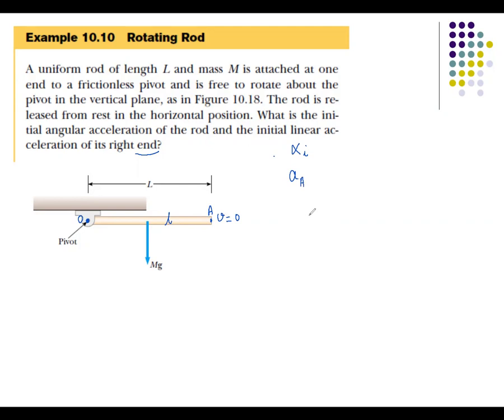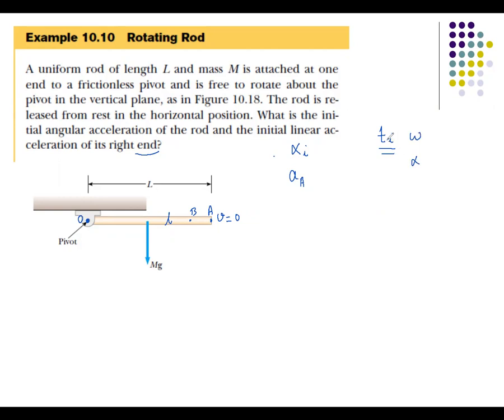Before starting the solution, let me explain one point. At initial time, if we have a point A or a point B or any point on the rod, all the points have the same omega and the same alpha.